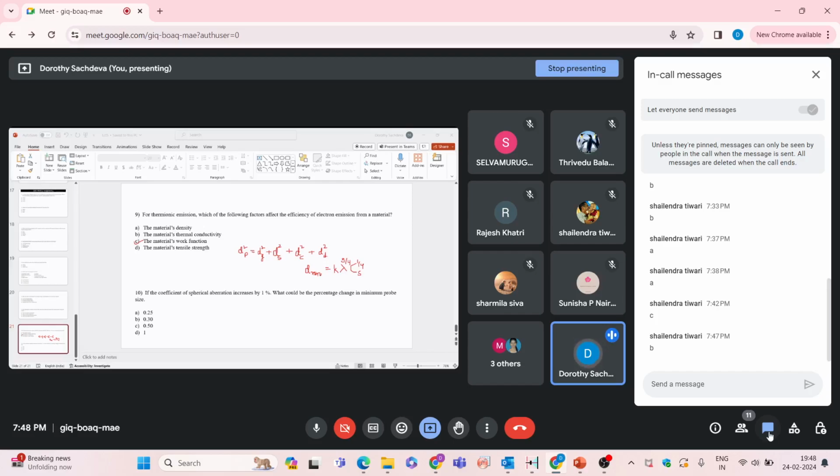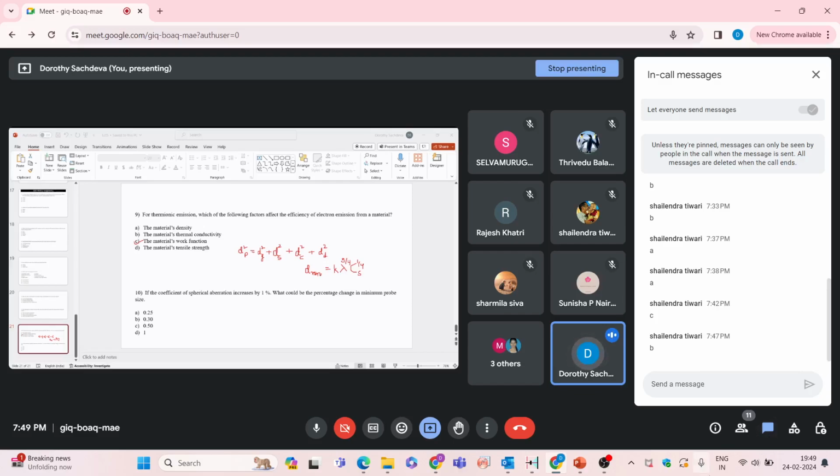So if it is increased by 1%, then 1% to the power 1 by 4 will be how much? 0.25. Please don't say point 30, it is 0.25.